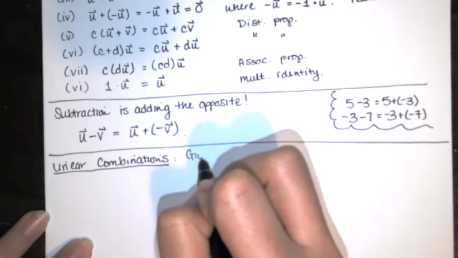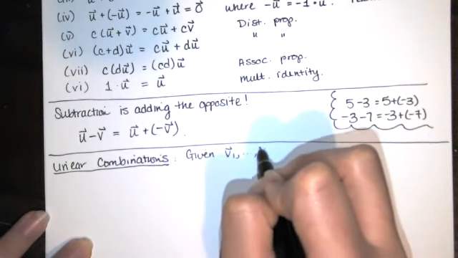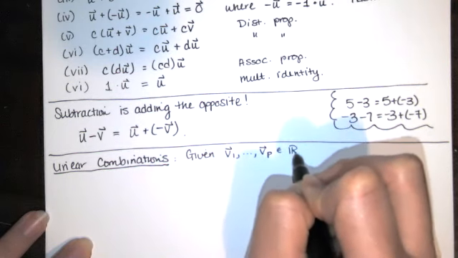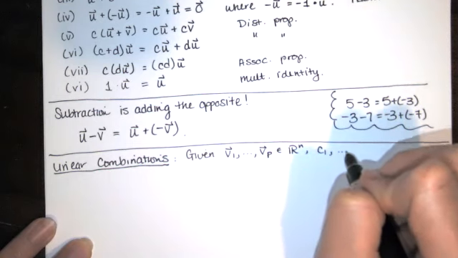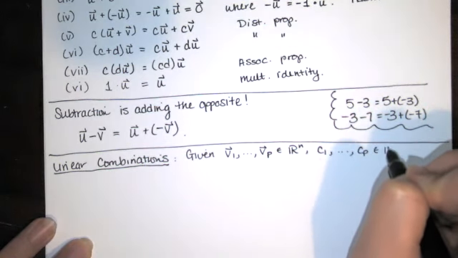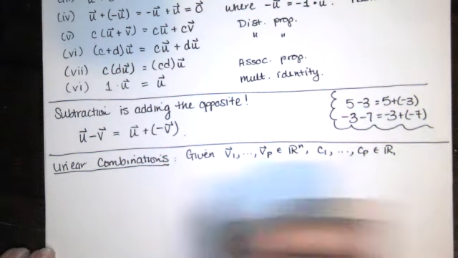So in the context of vectors, let's say we're given vectors v sub 1 through v sub p, and these are in n-dimensional space. And we've got some scalars, c sub 1 through c sub p. And we're going to treat these as real numbers, although they could be complex numbers.